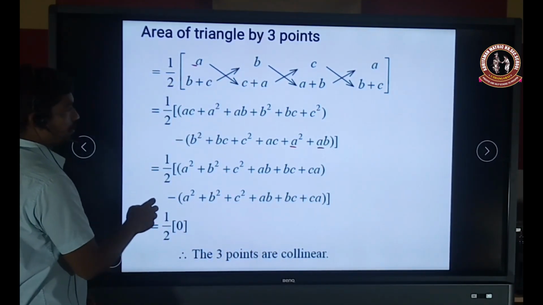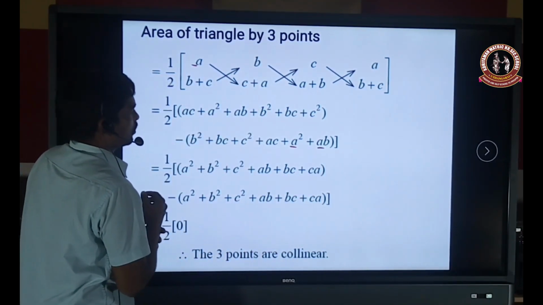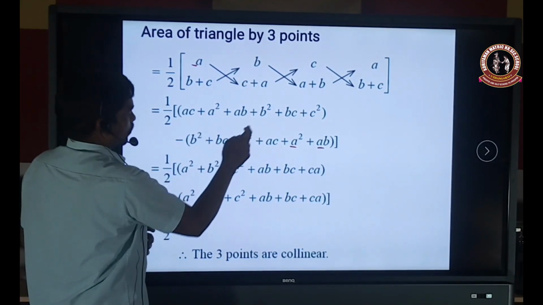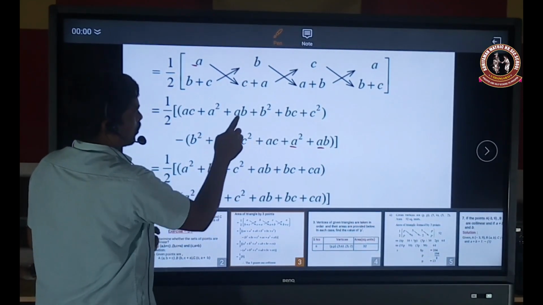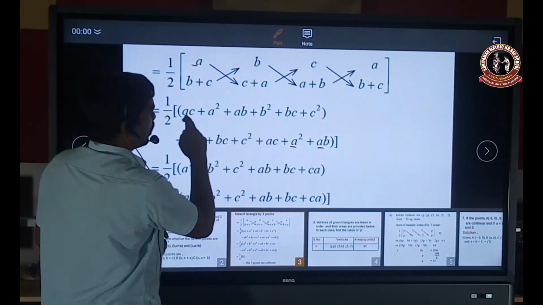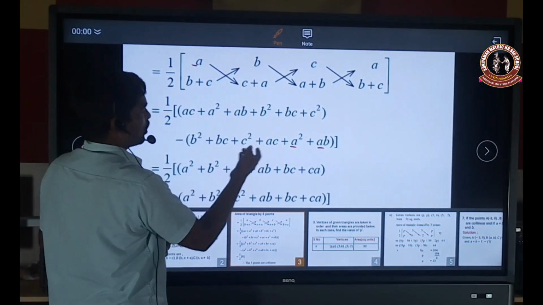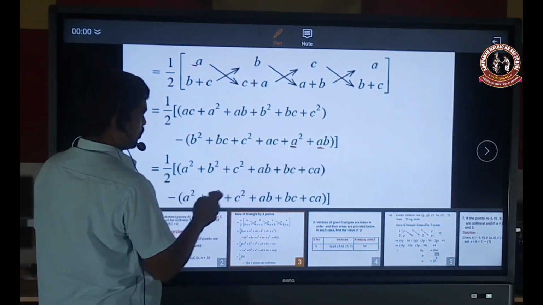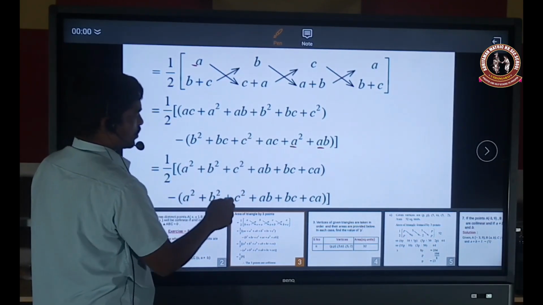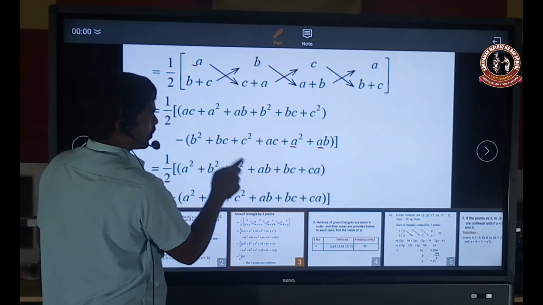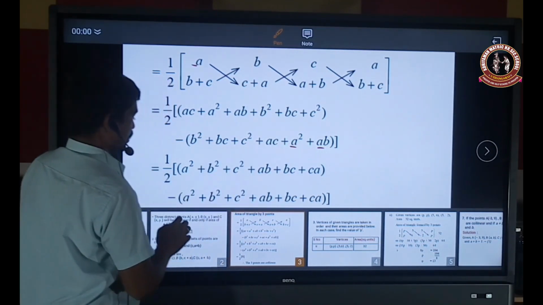So now 1 by 2 into, rearranging these terms, we get a square plus b square plus c square plus ab plus bc plus ca. Next, minus of, rearranging here also, we get a square plus b square plus c square plus ab plus bc plus ca.